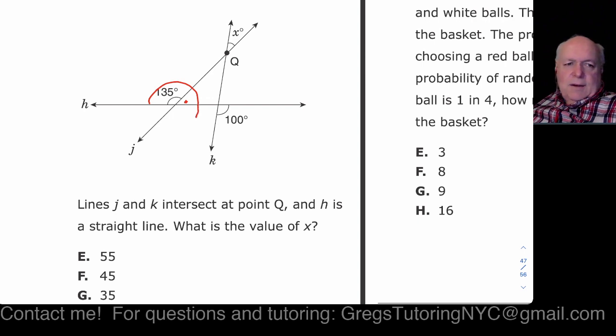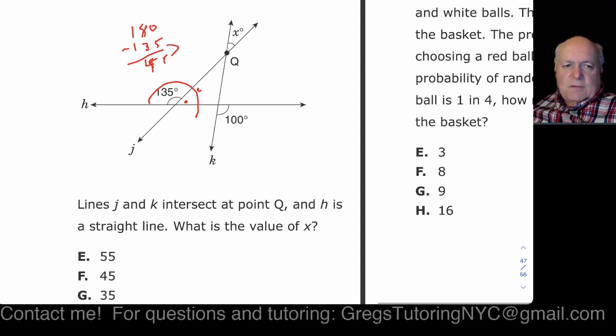I notice students, when they do this in their heads, they go too far. So basically what we're doing is 180 minus 135, okay? And enough students think that's 55, but it's not, it's 45. We can add these two back up and see that it brings me back to 180. So this is 45, okay?